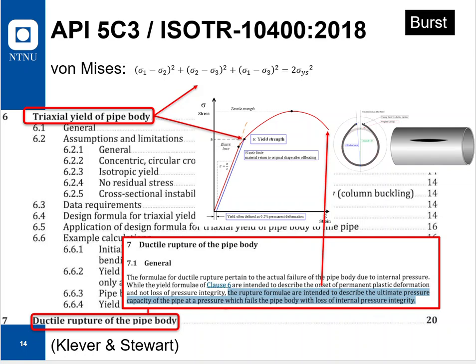And there's a specific formula in addition, in a separate chapter called ductile rupture of the pipe body. That's at the end of the tensile strength curve of steel, and that's where the pipe actually ruptures or bursts, as we would say in layman's language. This rupture formula is extremely accurate.